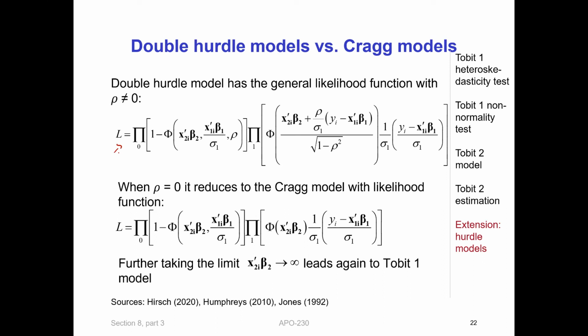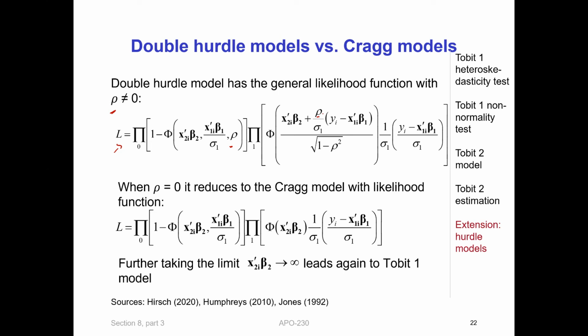Because, as I mentioned in the earlier slide, the double Hurdle model assumes that the correlation between the two error terms of the two latent variables is different from 0. So they are correlated just as in the Tobit 2 model. And if we denote rho as the correlation coefficient between the two error terms, it will appear as some part, if not all parts, of the likelihood function in there.